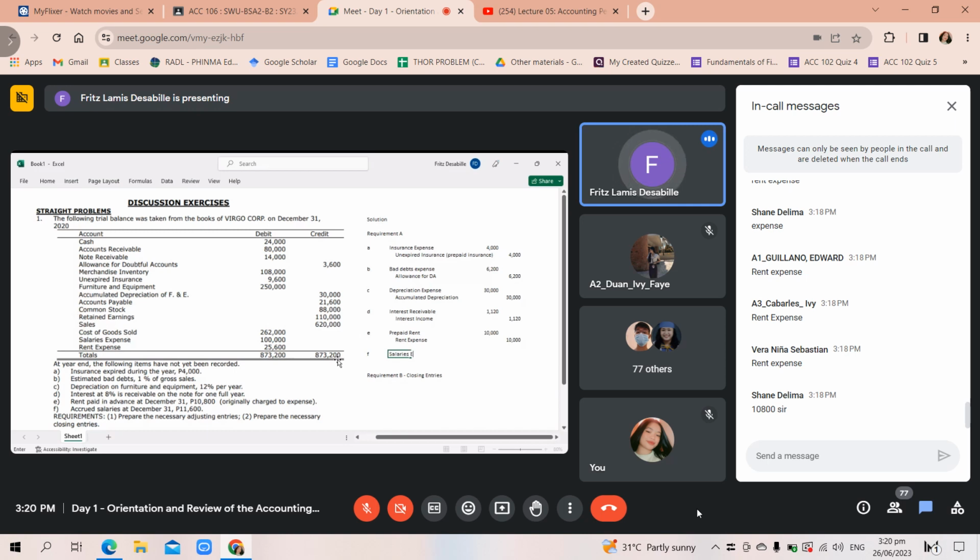So we add salaries expense, 11.6, and credit salaries payable to record the accrued salaries.